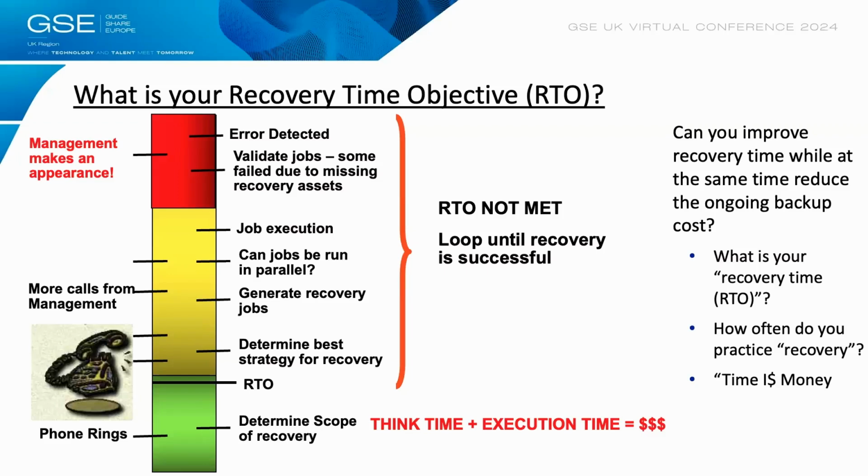It's not just the time to recover, not how long the jobs run. It is the time that you need to think about the jobs, what needs to be done, and the best way to do it, and then you can execute them. So take that into consideration when you're thinking about your RTO. You've got to start thinking about how to do things.